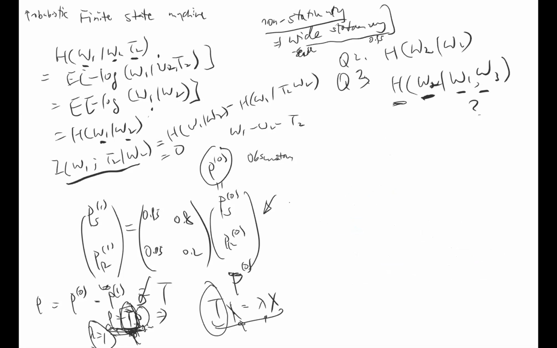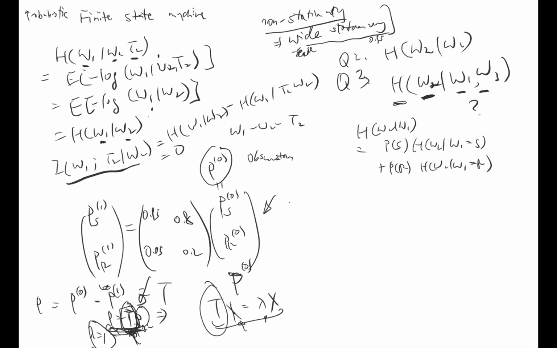So anyway, I guess I can do it directly. Maybe I just write HW2 given W1 would be equal to probability of sunny, HW2 given W1 is sunny, plus probability of rainy, HW2 given W1 equal to rainy, right?